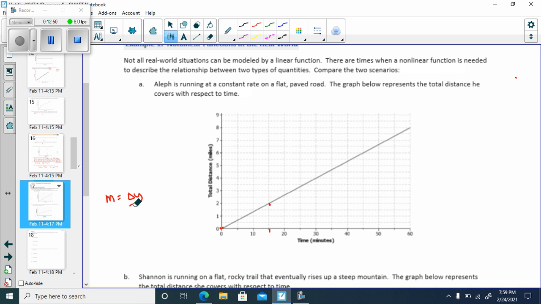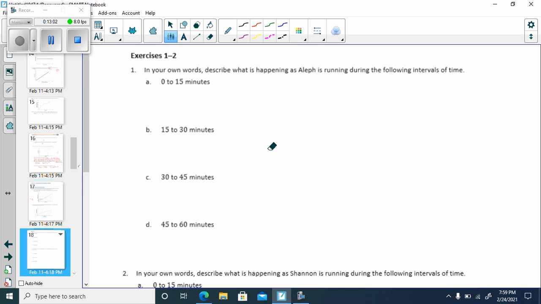The change in Y over change in X. Aleph is going 2 miles over that 15 minutes, correct? So from 0 to 15 minutes, he's going up 2 miles per 15 minutes.